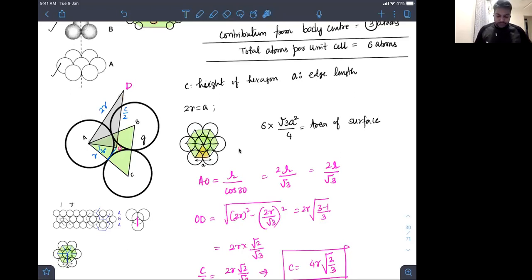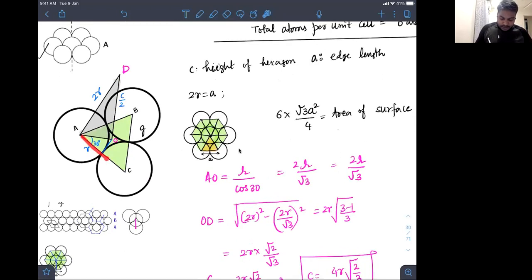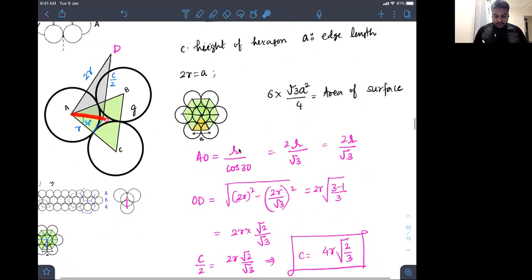To do that, you know that this is an equilateral triangle. Therefore, an angular bisector will always touch the centroid. And since this distance is r, I can find this distance OA. So OA will be equal to r by cos 30.